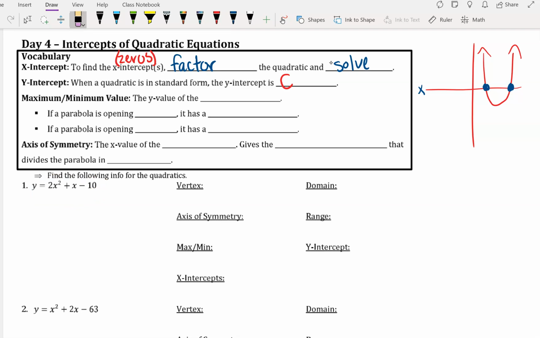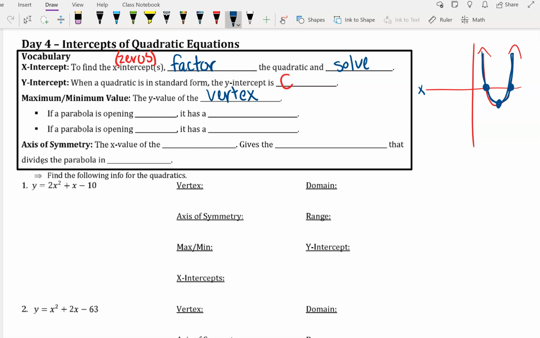All right, minimum and maximum values. It's always the y value of the vertex. That'll give you your max or min value. So if you look at this graph over here, since it's pointing upward, the vertex is down here. This is a minimum value.